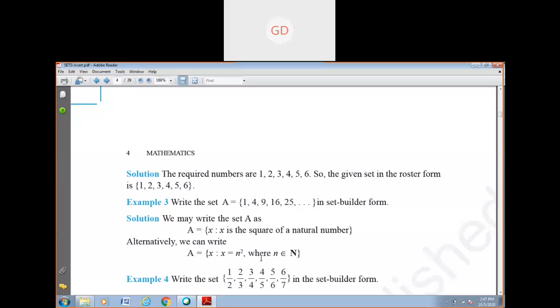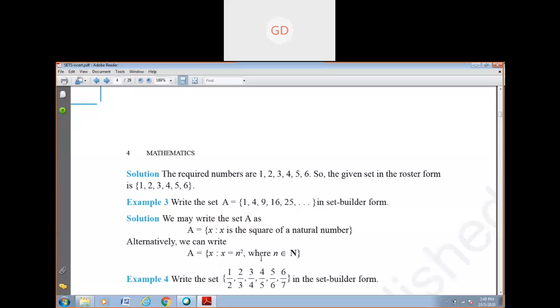Sufficient information about x means x represents all the elements of the set which are not visible. That's why I have to define the elements after colon, x such that, sometimes literally and sometimes as a mathematical or symbolic expression.